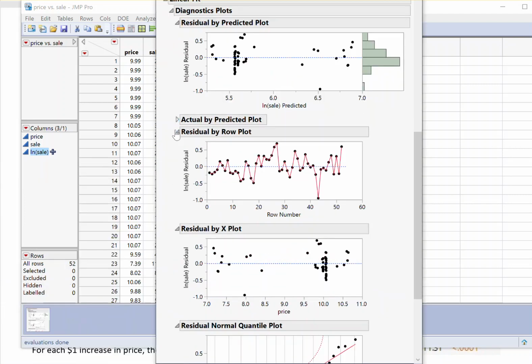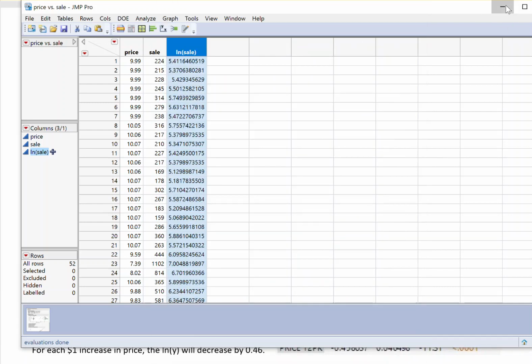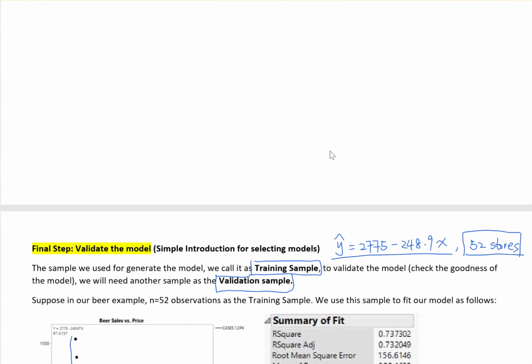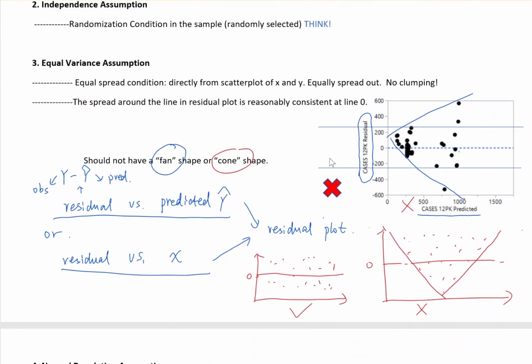Right, so we don't need this, we don't need this, we don't need that. Alright, so we have this residual plot. Remember what we had before? In the last class, the residual plot for the original one is like this, right? So we have the fan shape.